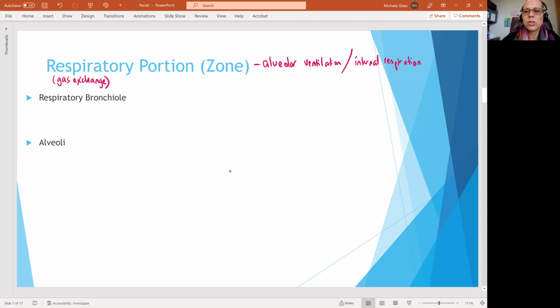We'll talk about these terms more as we go through our presentation. We'll see that the respiratory zone is made up of the respiratory bronchiole and then the alveoli.